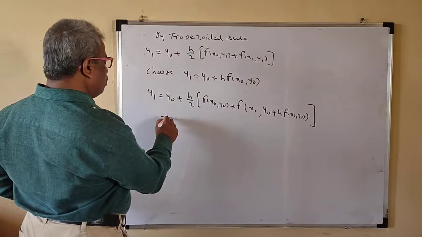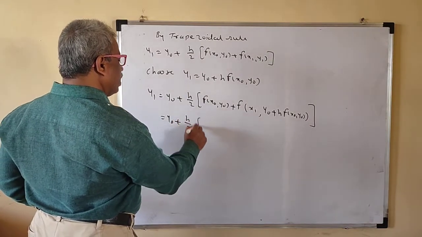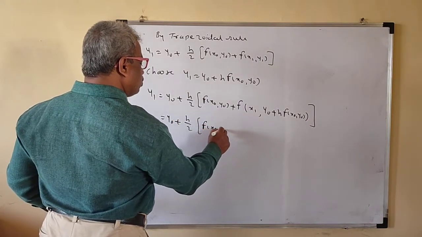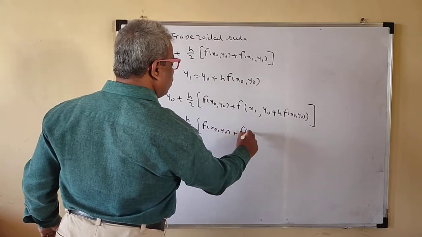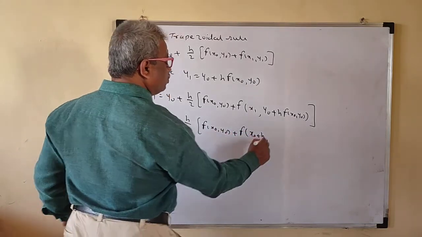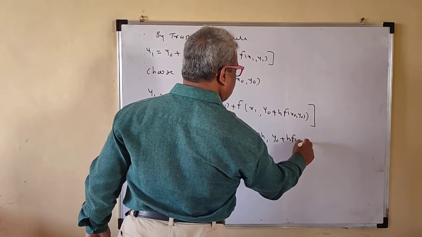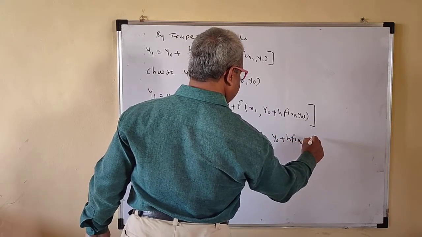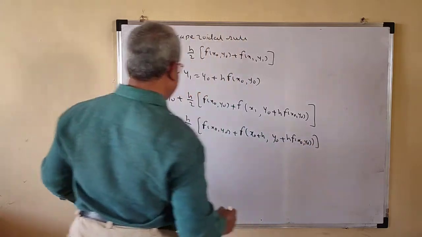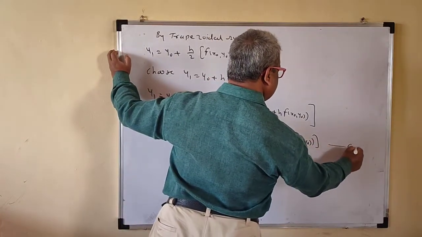So this is the same as y naught plus h by 2 times f of x naught, y naught plus f of x naught plus h, y naught plus h f of x naught, y naught. Okay, we call this 1 now.